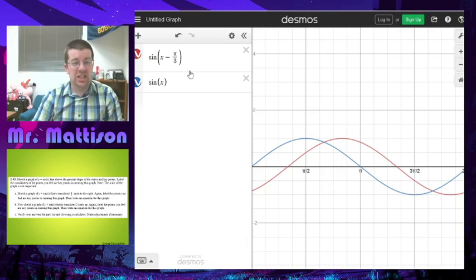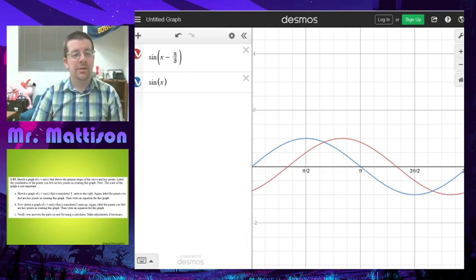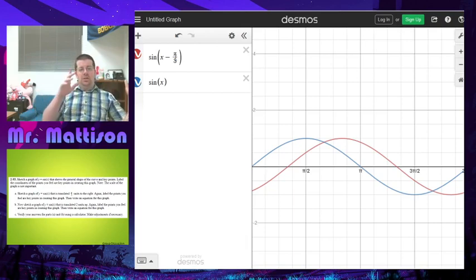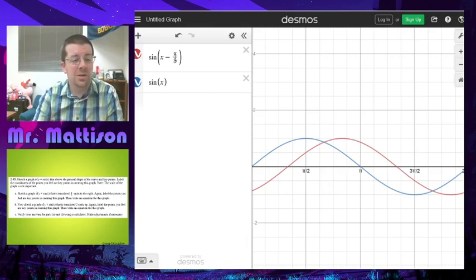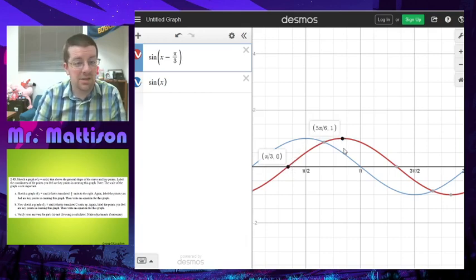So to get this shift of going right pi over 3, I literally need to move every single one of those right pi over 3. If I add pi over 3 to all of those values, I now know where I'm going to start. Add pi over 3 to 0, I get pi over 3. Add pi over 3 to pi over 2, I get 5 pi over 6.